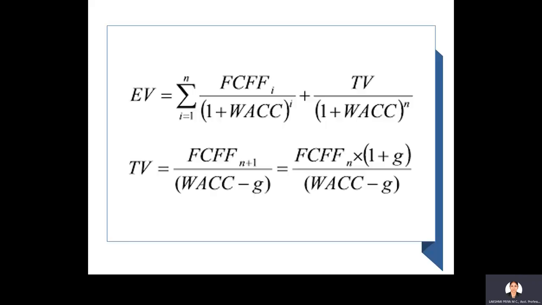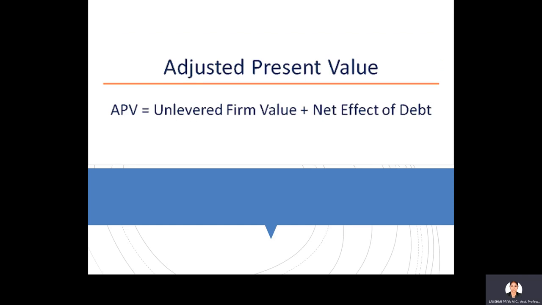I will be explaining the adjusted present value, where the adjusted present value approach is applied in situations of a company in which the capital structure of the firm is likely to change substantially over time, where this model is more appropriate to use.